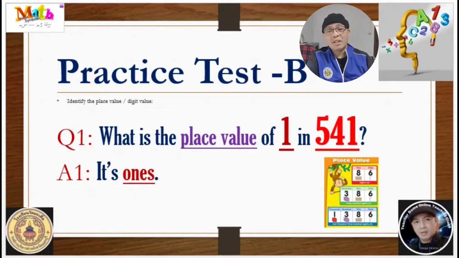Now, let's move on to practice test B. We have to identify the place value and digit value. We will use the second sentence structure, and the question goes this way: what is the place value of 1 in 541?